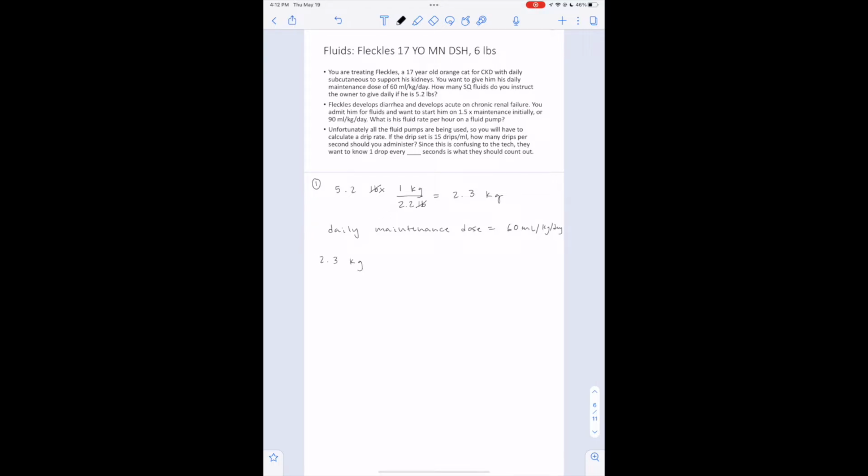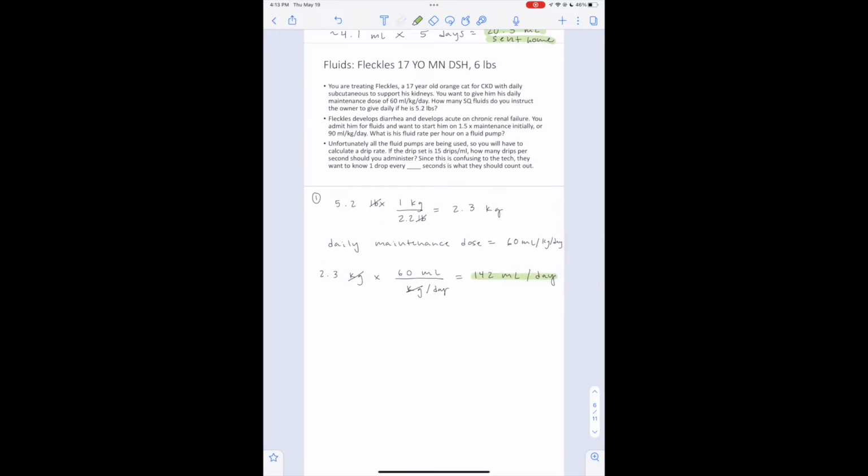And then you will take your weight, which is 2.3 kgs, times 60 milliliters over kgs per day. Your kgs are going to cancel, and you're going to be left with 142 mils per day.